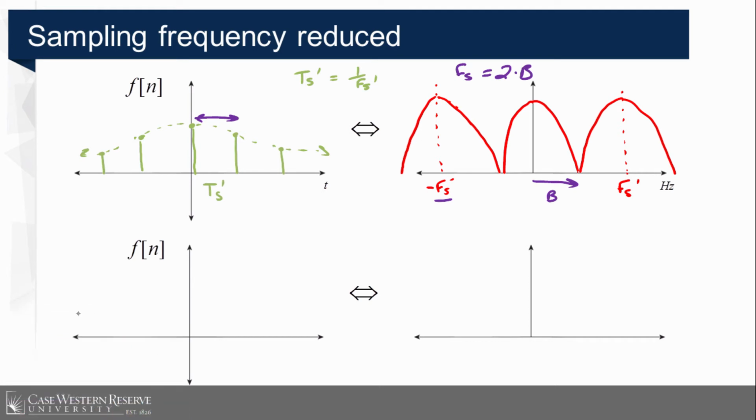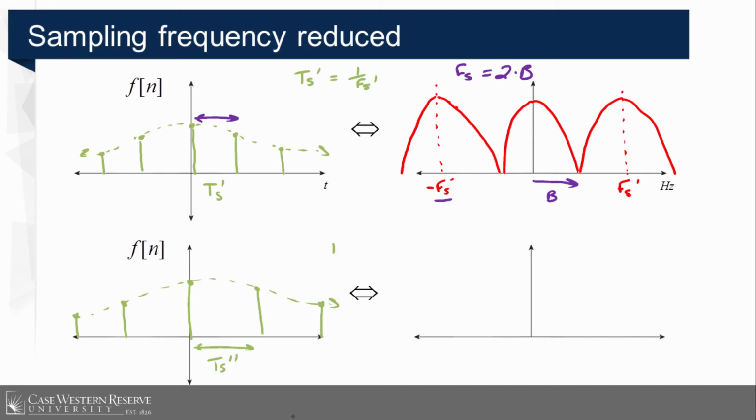So let's draw out that example. So again, here's my continuous time signal envelope. And I now have a very long sampling interval. Something like this, perhaps. And I'll call the sampling interval now Ts double prime.